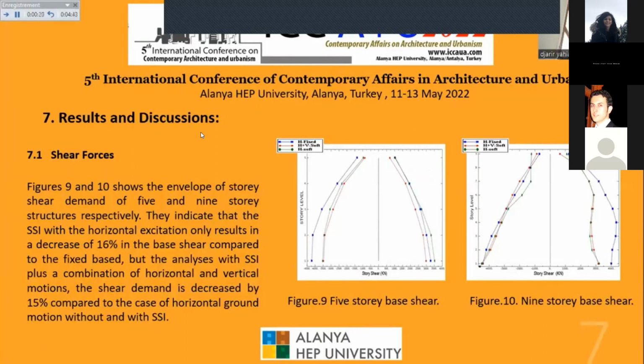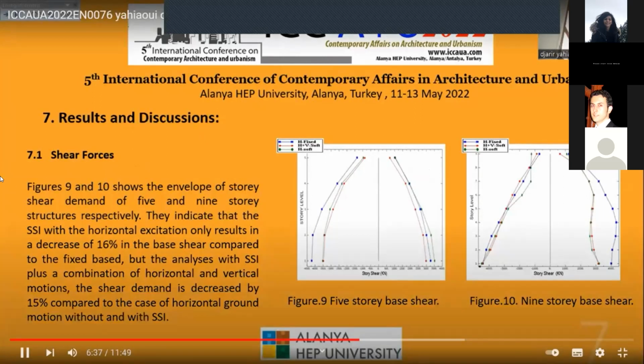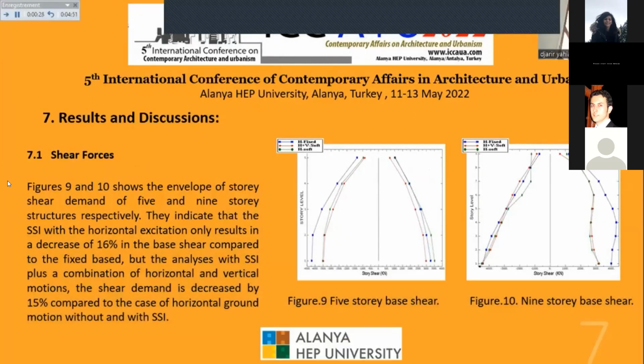They indicate that the SSI with the horizontal excitation only results in a decrease of 16% in the base shear compared to the fixed base, but the analysis with SSI plus a combination of horizontal and vertical motions, the shear demand is decreased by 15% compared to the case of horizontal ground motion without and with SSI.